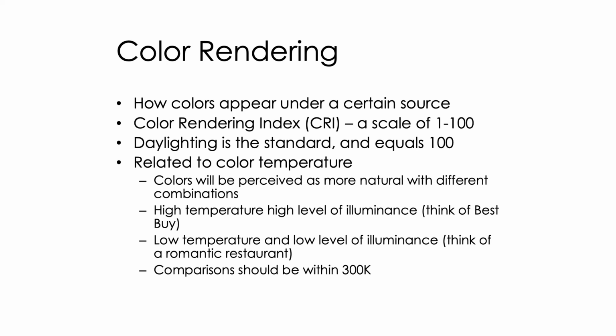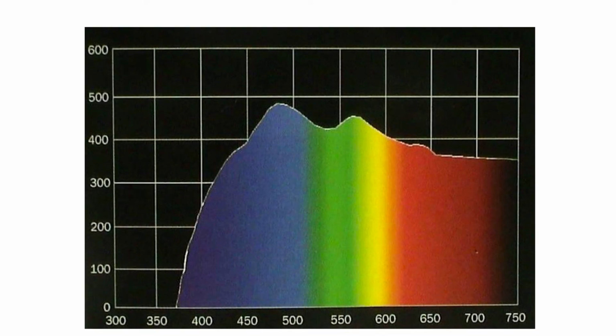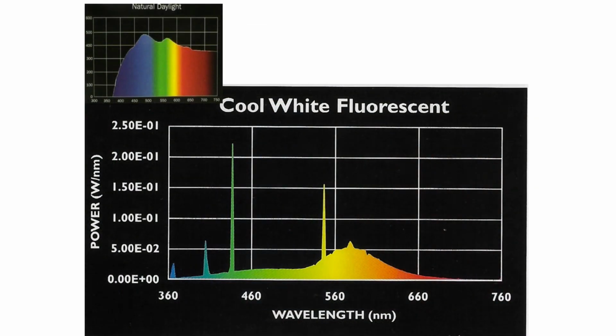So anyway, let's go and take a look at some of these light sources. First of all, this is daylight. Now, daylight can vary depending on where you are, latitude and longitude, and of course cloud cover and smog. But this is kind of our goal, a light source that has this spectral distribution. Now, here's a cool white fluorescent, and you can see that there are kind of these spikes in the cool white fluorescent spectral distribution chart.